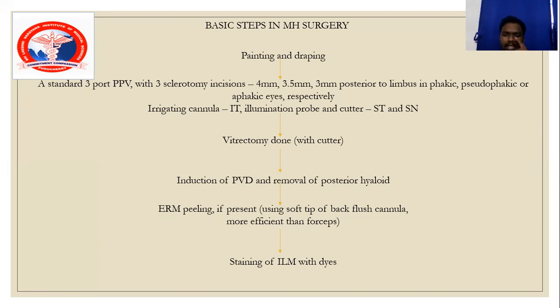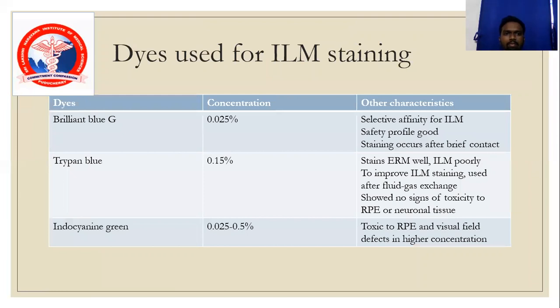So what are the various dyes that can be used in ILM peeling surgeries? We use brilliant blue green, at a concentration of 0.025%. And we can also use trypan blue at 0.15% concentration, as well as indocyanine green at 0.025 to 0.5%.